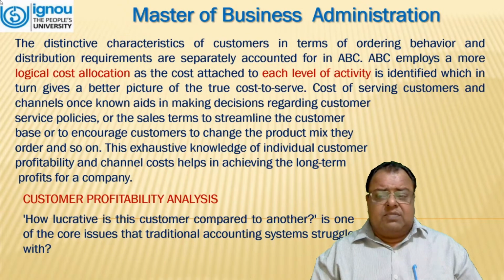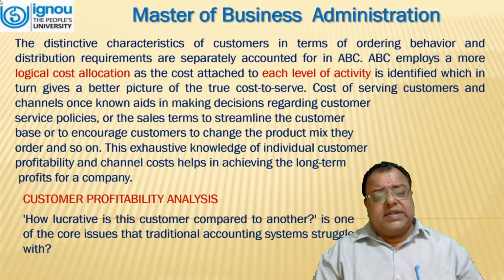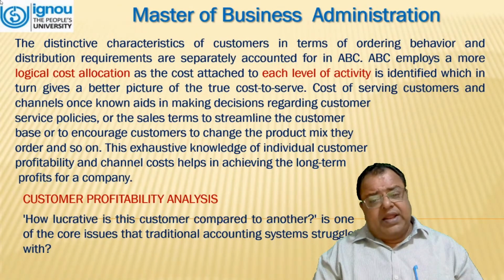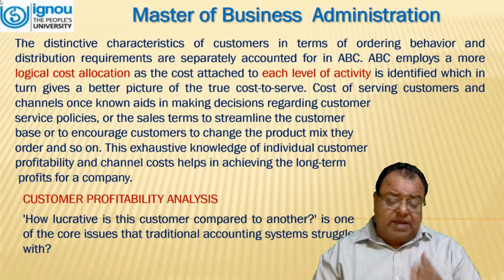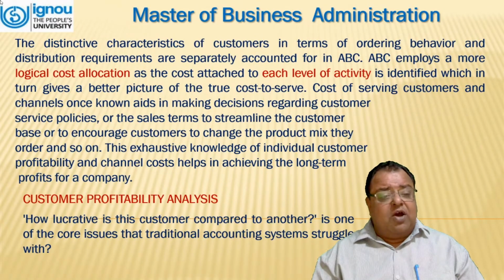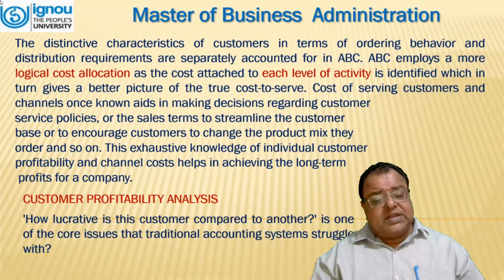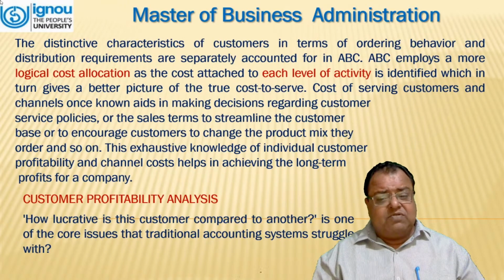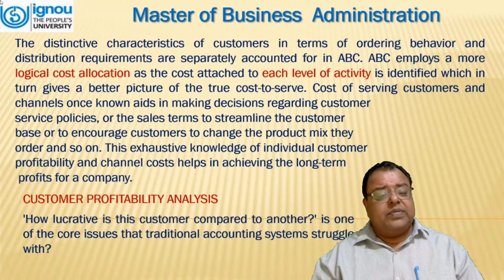Cost of serving customers and channels, once known, aids in making decisions regarding customer service policies or the sales terms to streamline the customer base or to encourage customers to change the product mix they order and so on. This exhaustive knowledge of individual customer profitability and channel costs helps in achieving the long-term profits for a company.